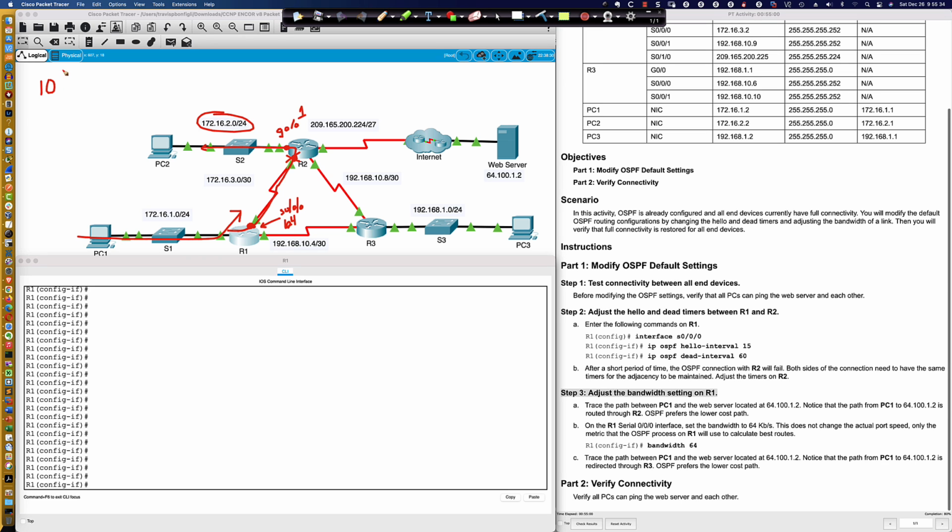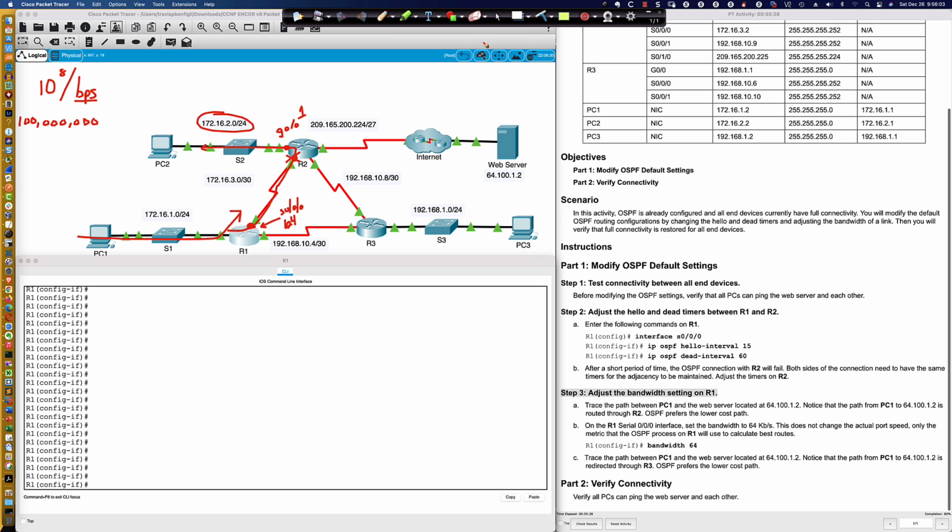It's 10 to the 8 divided by the interface speed in bits per second. So 10 to the 8, which is 100 million, right? Because it's going to be 8 zeros here, 100,000,000, divided by the speed of the interface in bits per second.